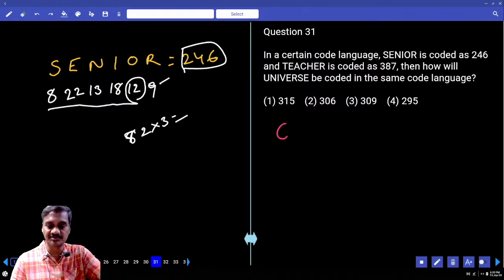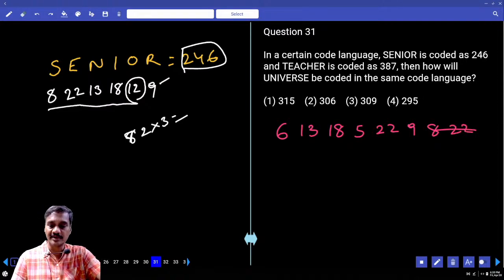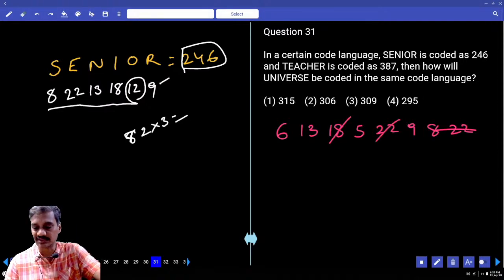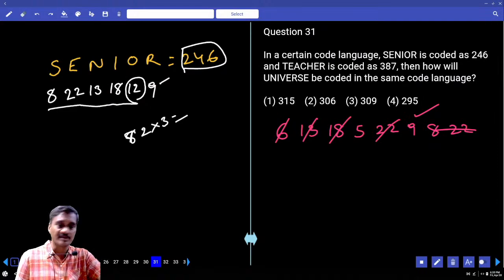The value of U is 6, opposite. N is 13. I is 18. V is 5. E is 22. R is 9. S is 8. E is 22. Then what is the value here? 22 plus 8, 30. And 22 plus 18, 40, 70. And 70 plus 13, 83. 83 plus 6, 89. 89 plus 9, 98.